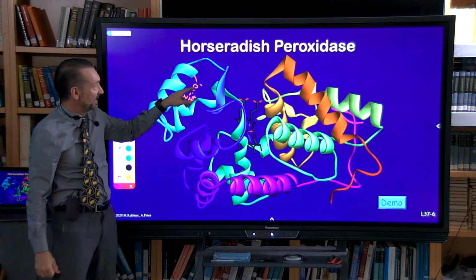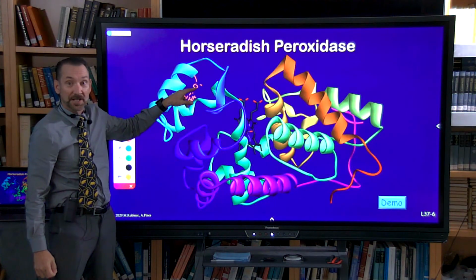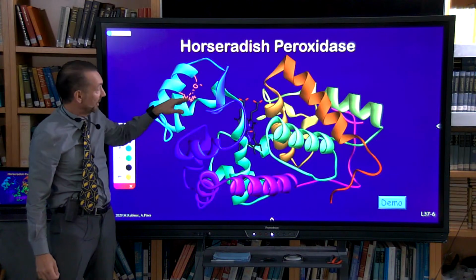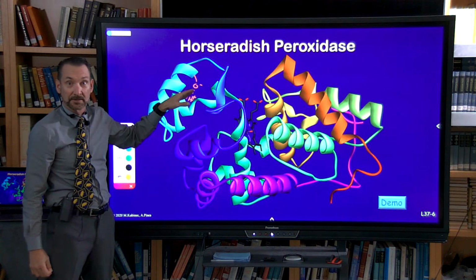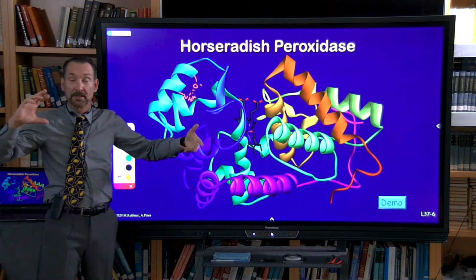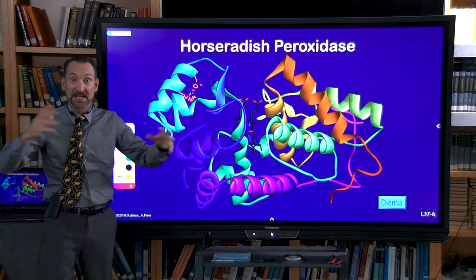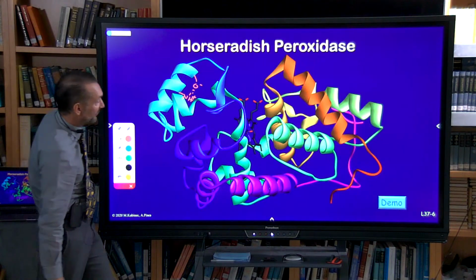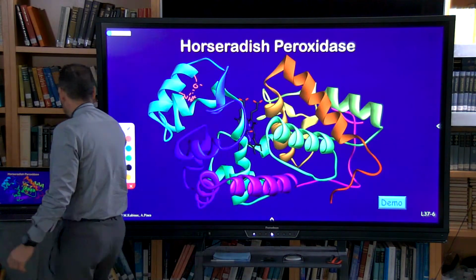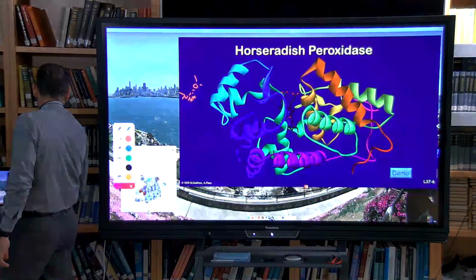If you change the pH, you can change that protonation state and eliminate that attraction, and the protein will unfold. Call it denature. You can denature the protein. So there's a demo where we look at that.